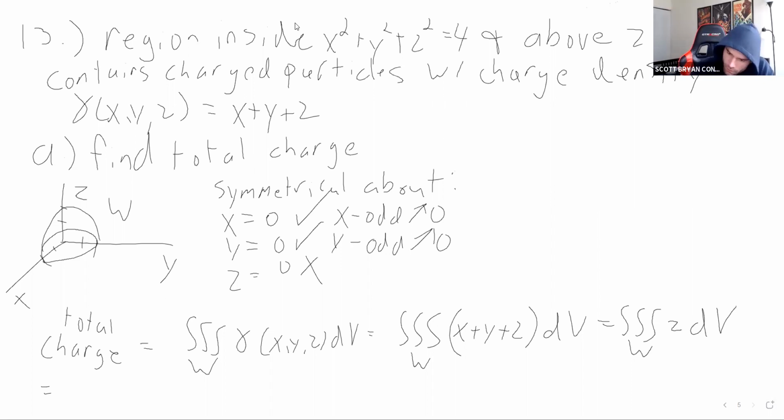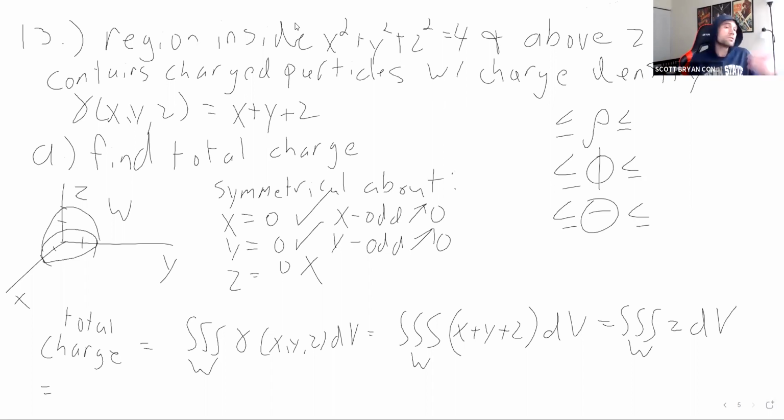Okay, so let's find the bounds for this guy. What coordinate system do we want to use to integrate over W? Rectangular, spherical, cylindrical. Spherical. It's inside a sphere. It's in the name. Easy. Okay.